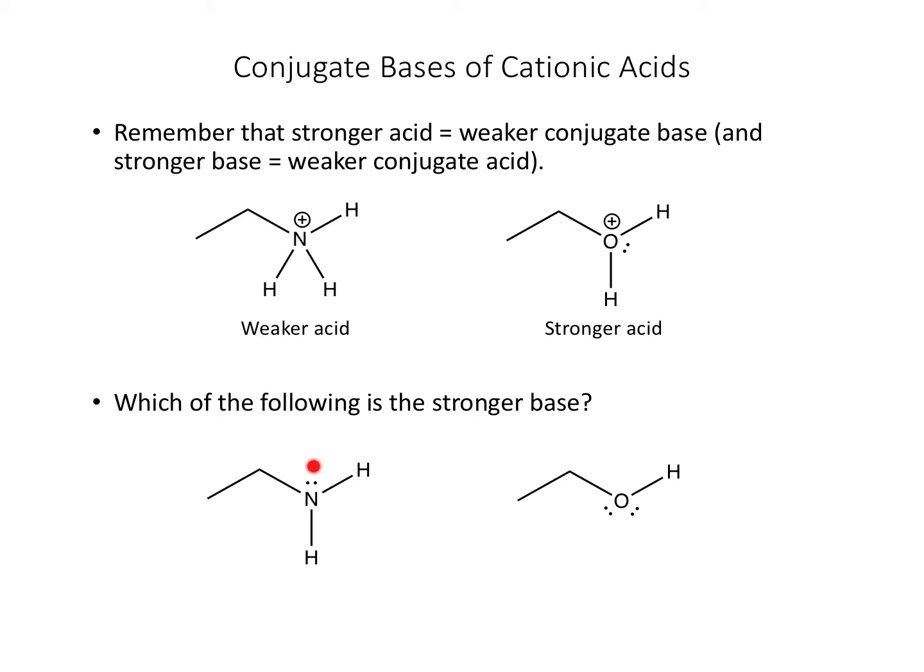If I want to know which one of these bases is stronger, I can look at its conjugate acid. If I'm thinking about this base, this is its conjugate acid. And for this base, this is its conjugate acid. And so if this is the weaker conjugate acid of the two, that means this is the stronger conjugate base of the two. Because this compound has a weaker conjugate acid, it is going to be the stronger base.